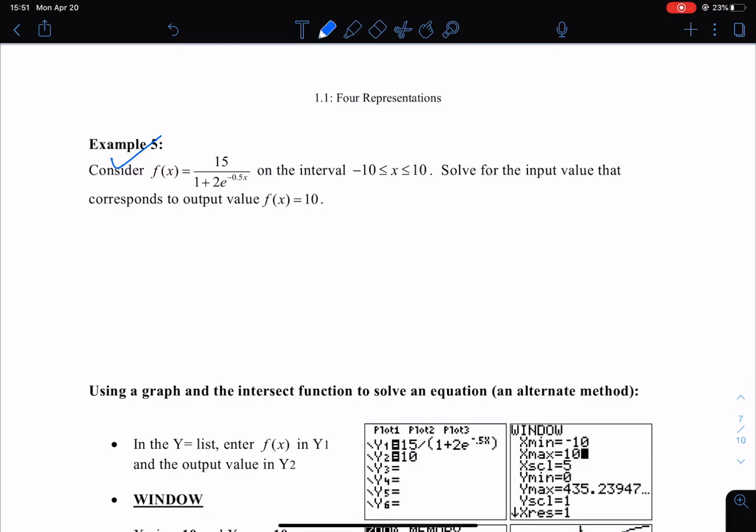Example 5, the answer is 2.773. Because I have given you all the solutions, all the answers, you can just pause the video and finish it if you don't have your textbook with you.